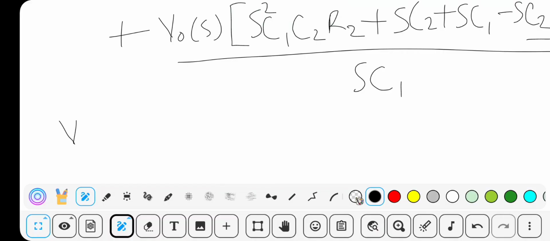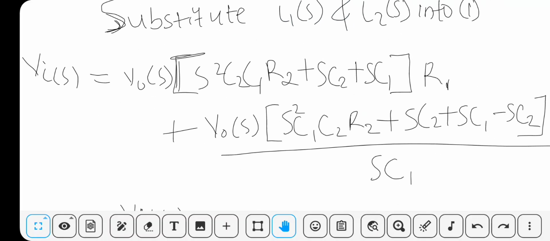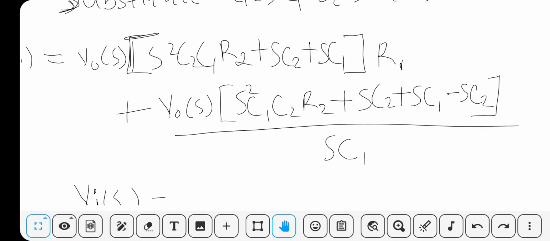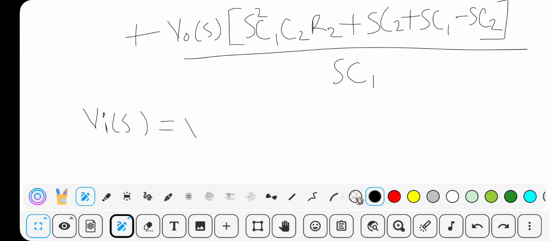So simplifying further, this video is already getting too long. Simplifying further, this should be V naught of S, because we can see that V naught of S, that's output voltage, is common. So we can factorize it.